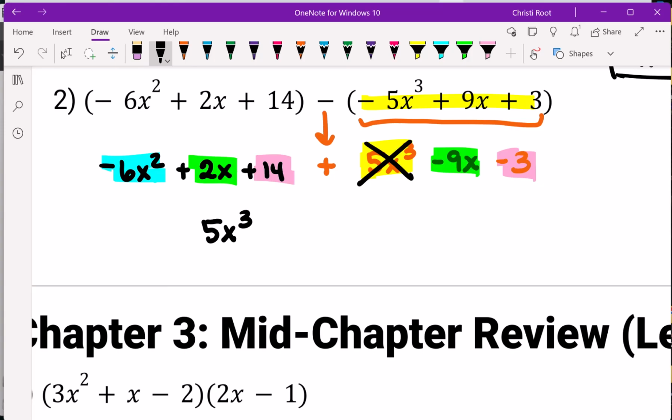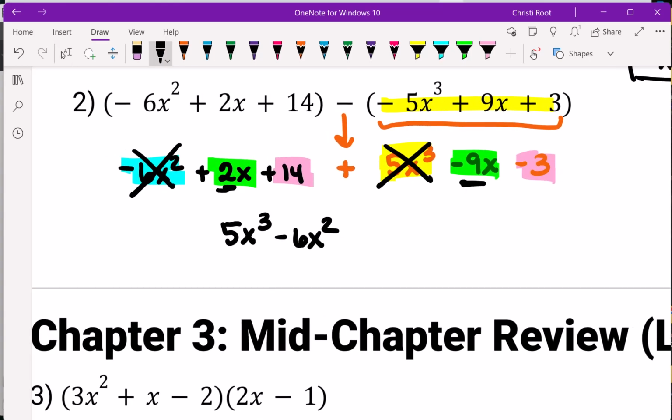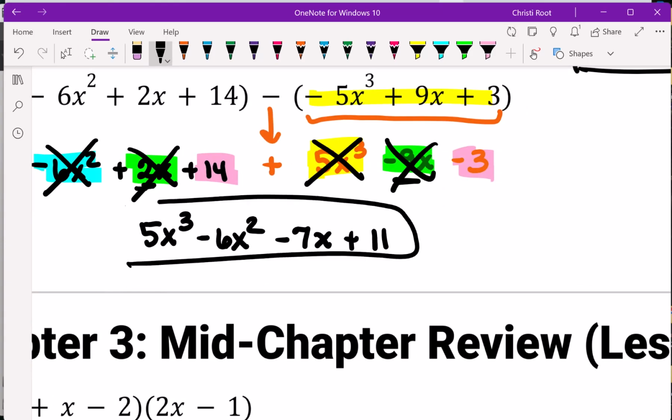I'm going to mark it out because I'm done with it. Then I have a quadratic term. It's gone. I can add 2 and negative 9. That makes negative 7x. And then for my constants, I have 14 minus 3. That's going to give me a positive 11. So if you have a subtraction problem, make sure that you add the opposite.